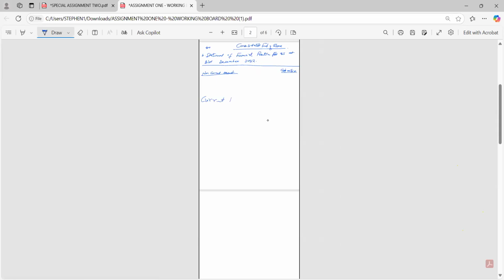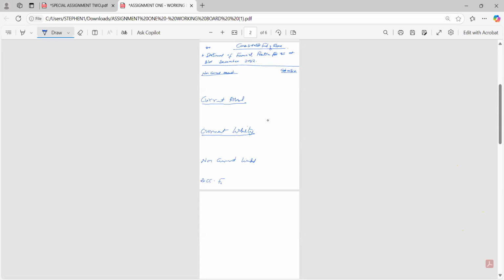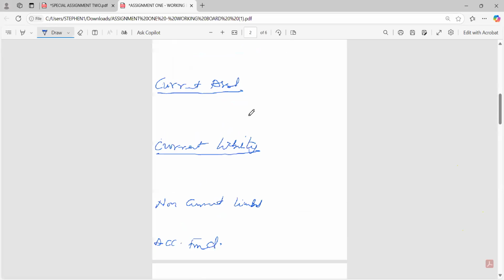Current assets, current liabilities, non-current liabilities, accumulated fund. Okay, good. I'm done.